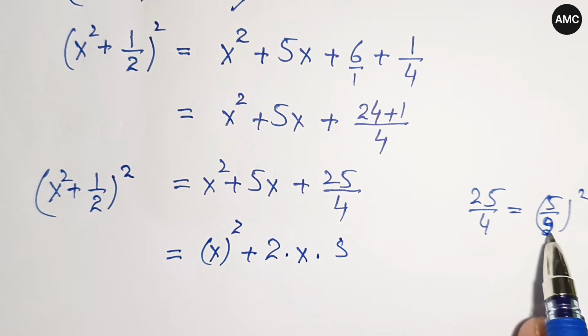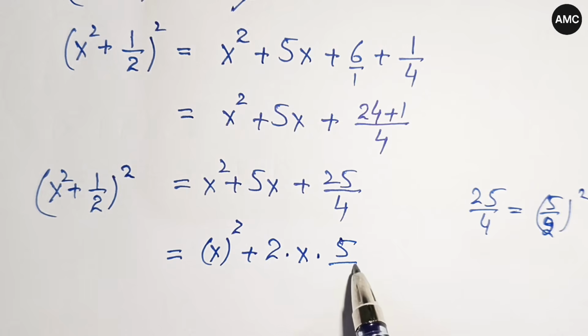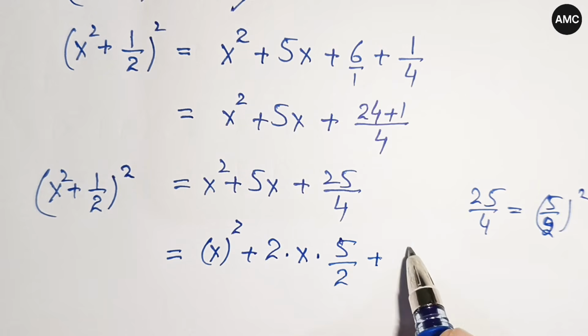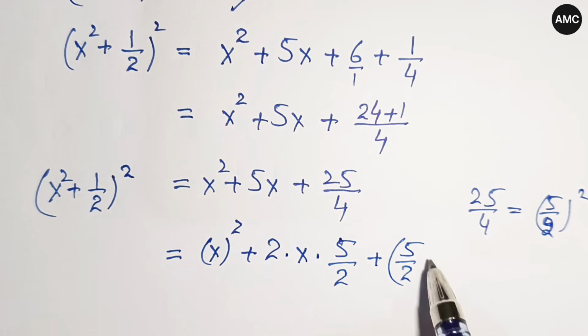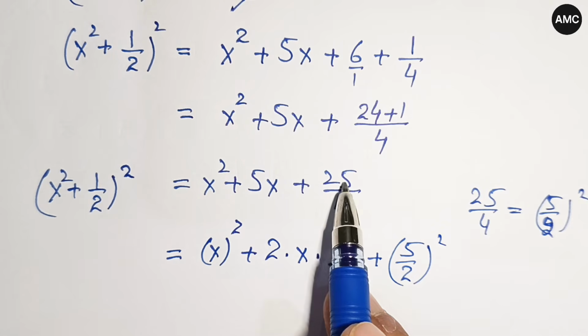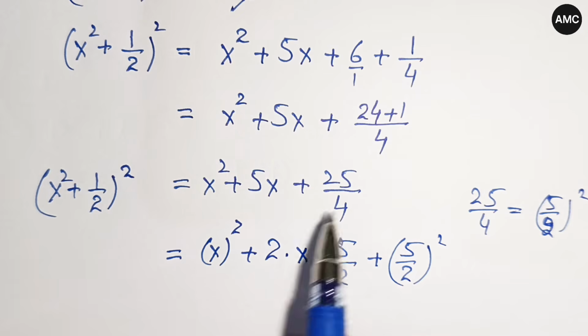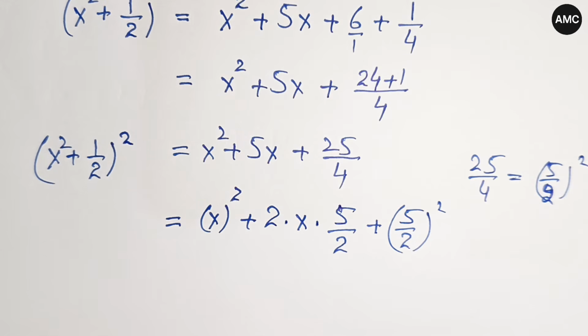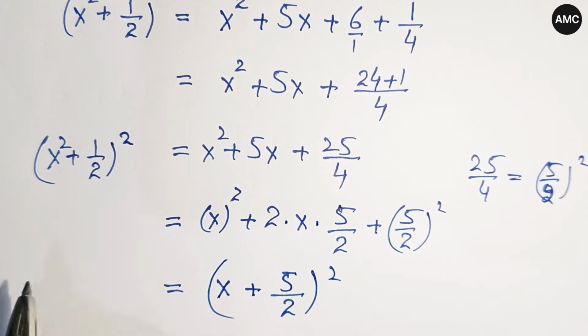So 5 squared is 25, 2 squared is 4. So here we have 5 over 2, and plus 5 over 2 whole squared. Then this will be cancelled, we get 5x. So there is no difference, it is equal. Now this will be equal to x plus 5 over 2 whole squared, and our left hand side is x squared plus 1 over 2 whole squared.